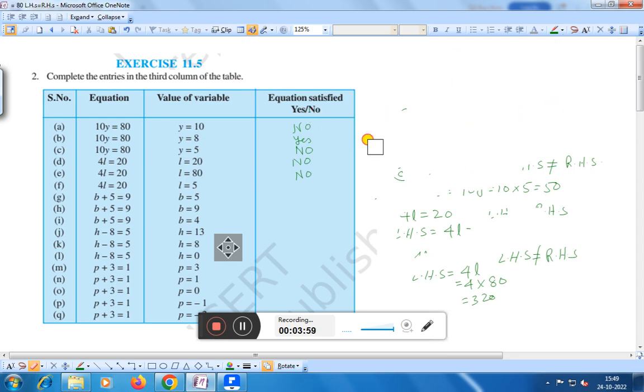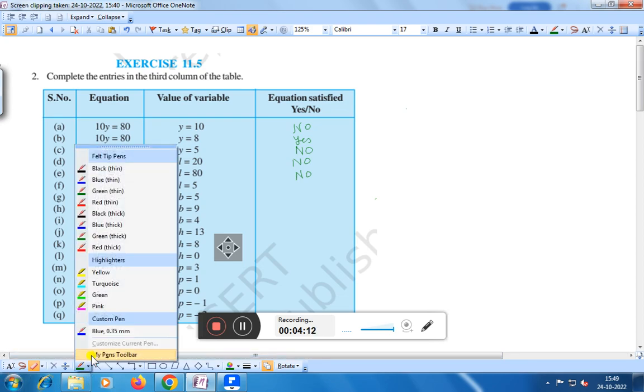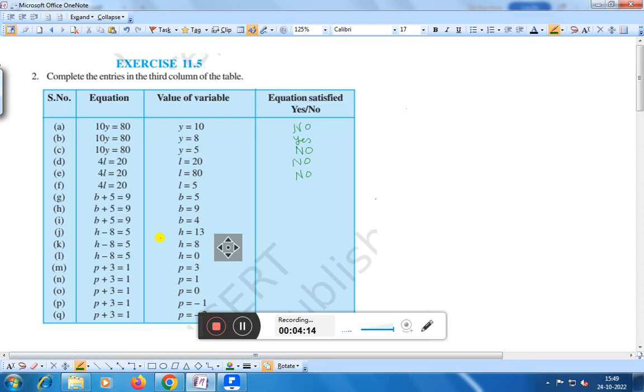Now we shall discuss question number F. Question number F is 4L equal to 20, and the left hand side is 4L.